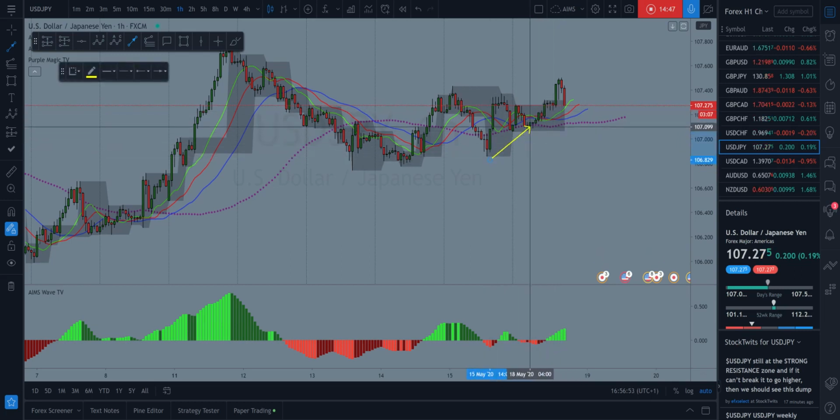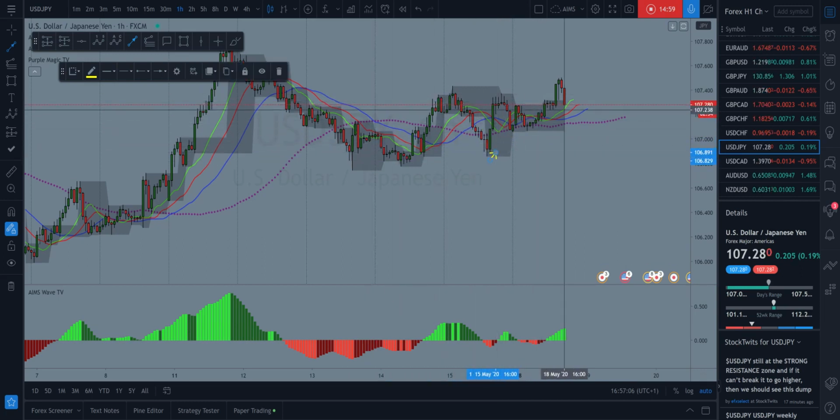Some people were moaning that they missed this or missed that, but if you look at this and this, it's not really a setup 1, and if it's not really a setup 1, you shouldn't worry about anything.